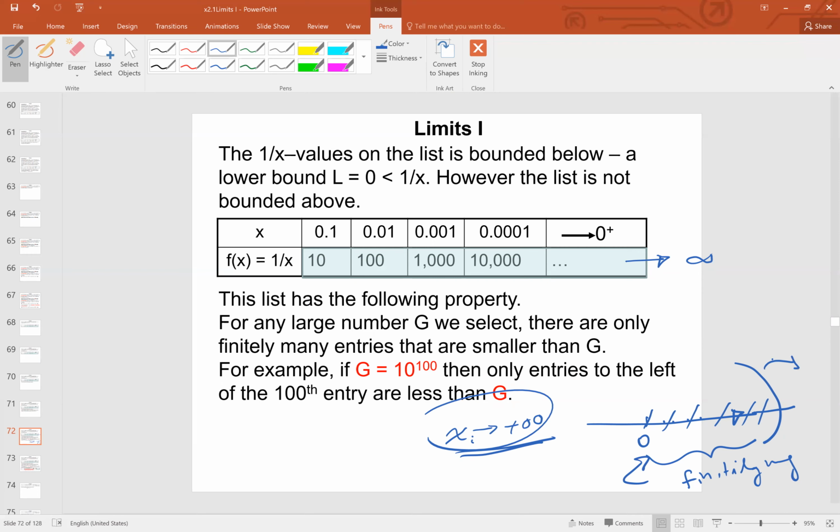Most of the numbers have to be outside. If a sequence satisfies this condition, just about everybody is outside that big number, then we say the sequence is going to positive infinity.